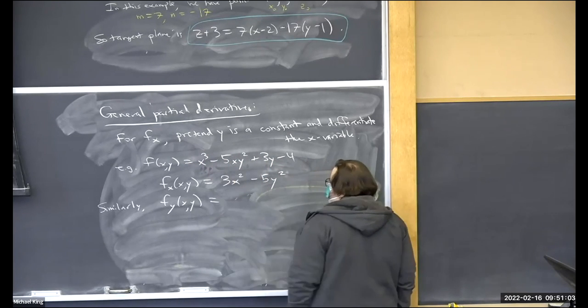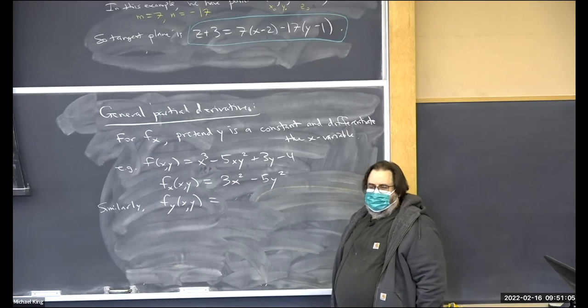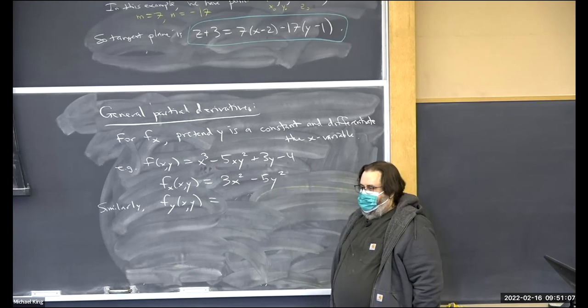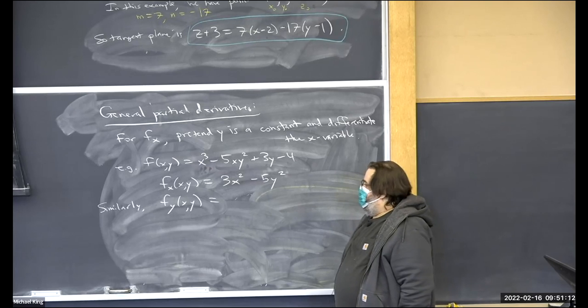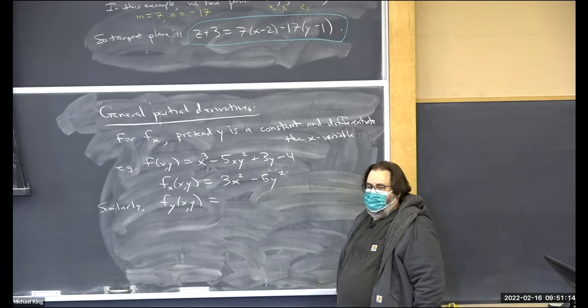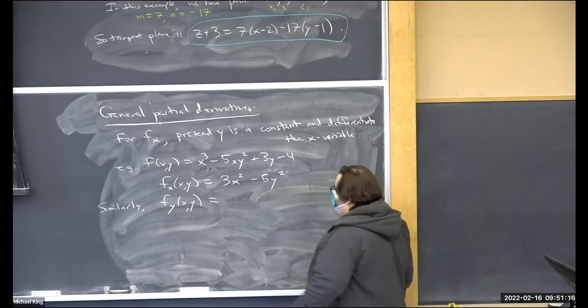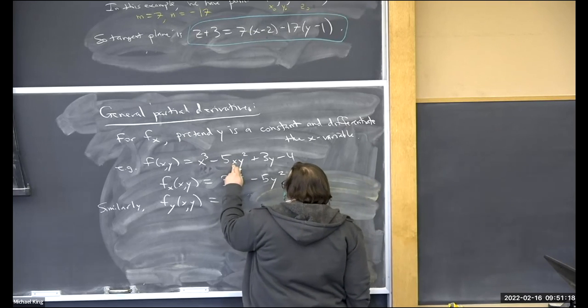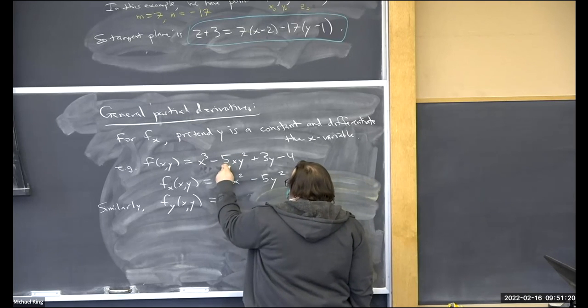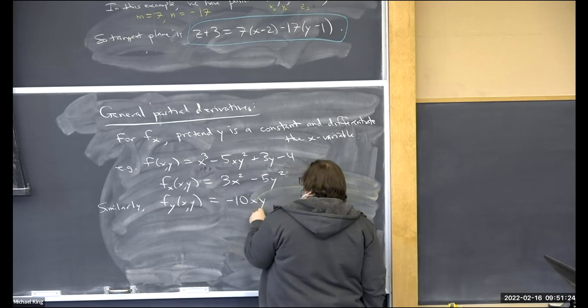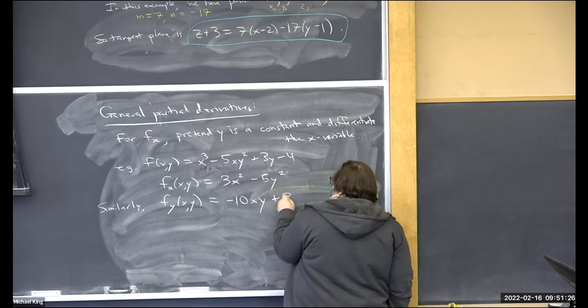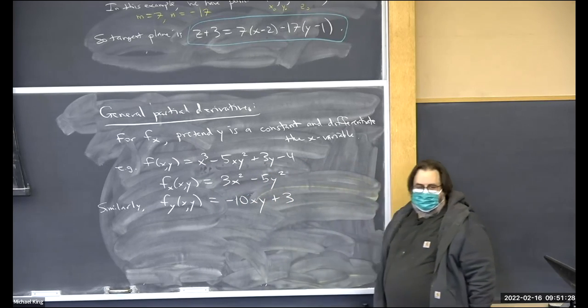What happens to minus 5xy squared? Someone tell me, if I differentiate with respect to y. Yeah, minus 10xy, right? Because this is like a y. The x just sits there. It's a constant. But we differentiate the y squared, becomes 2y. So that's minus 10xy plus 3. Minus 4 goes away.